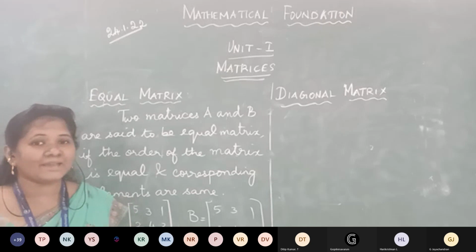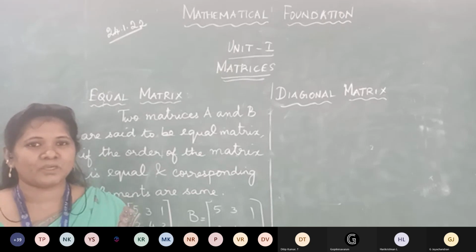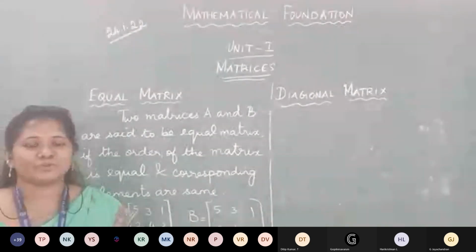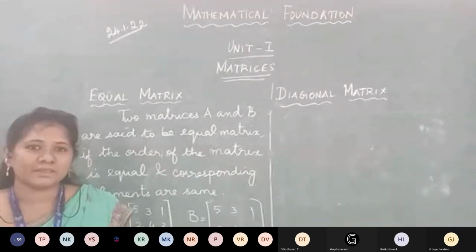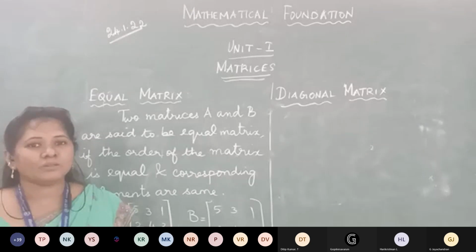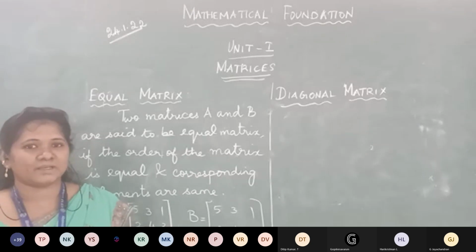Very good. And it has to be a square matrix. Your diagonal matrix has to be only a square matrix, and in that square matrix, only the diagonal elements will be there. All of the other terms will be 0. Then it will become diagonal matrix.